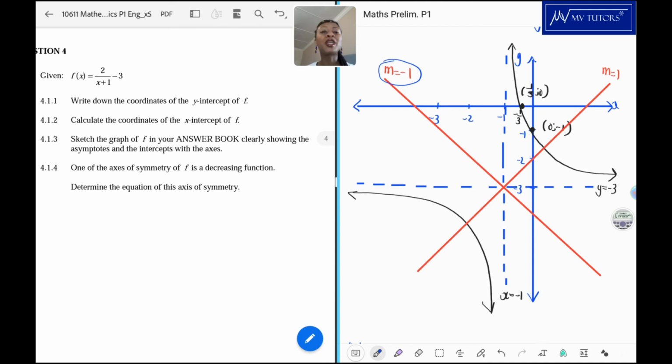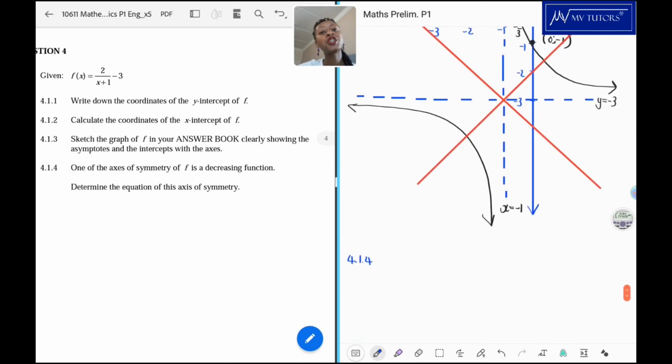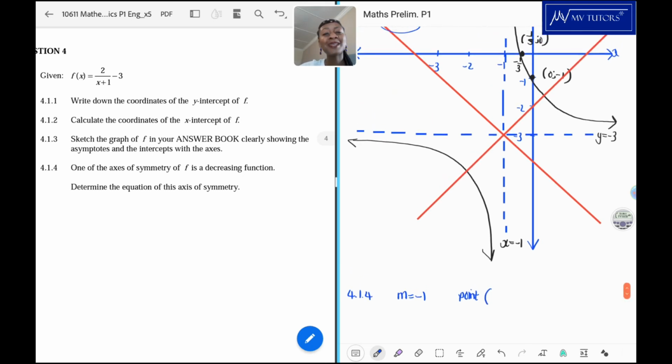So now they're saying we should determine the equation of the axis of symmetry. Guys, when you determine an equation of a straight line, for me, I require two things. I require the gradient, which I already said is -1, and I require a point. The nice thing about a hyperbola is where your asymptotes cross, that is where your axis of symmetry also crosses.